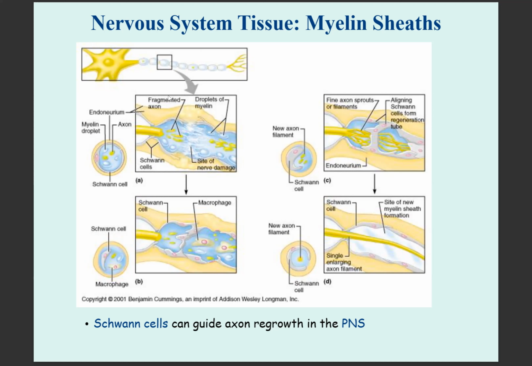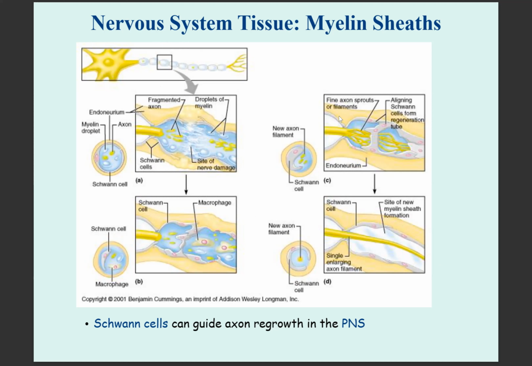So the very first one is that when there's damage to the cell, the macrophages come in to serve as what? A defense system. As they do that, there's going to be a directional flow for alignment of the nerves.